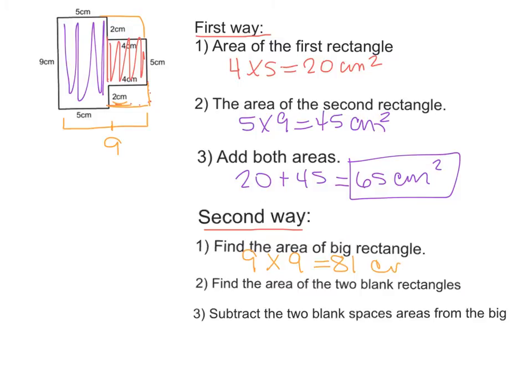centimeters square. The area of the two blank spaces: each is 2 times 4, which is 8. So I can say 81, which is the big rectangle, minus 8 minus 8.